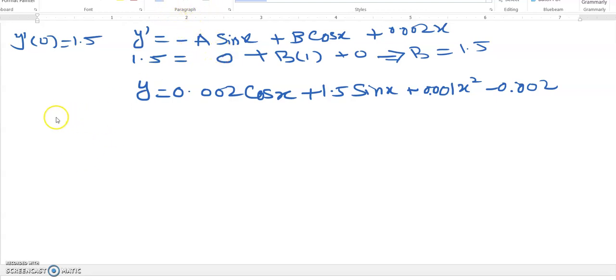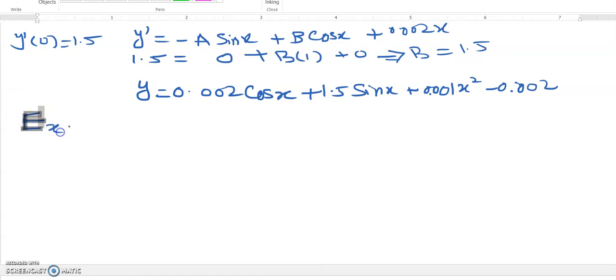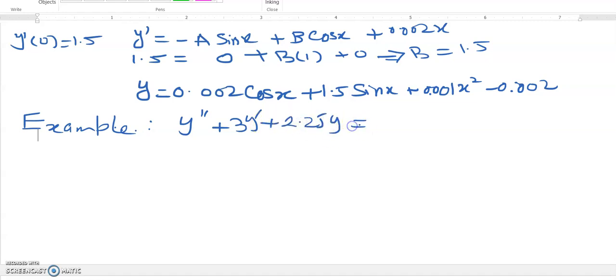Okay, so now let's talk about the second example. In this case, we have this equation: y double prime plus 3y prime plus 2.25y is equal to minus 10 e power minus 1.5x.